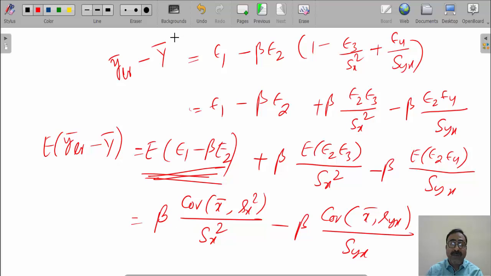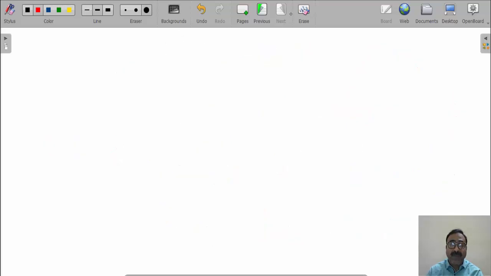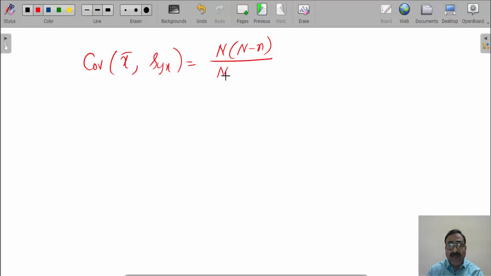Now we have covariance between x bar and syx equal to (N minus n) divided by n into N into (n minus 1) into (n minus 2) mu 21 by n into 1 by Syx.